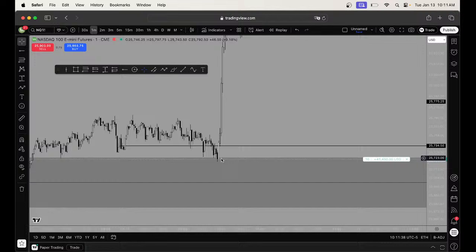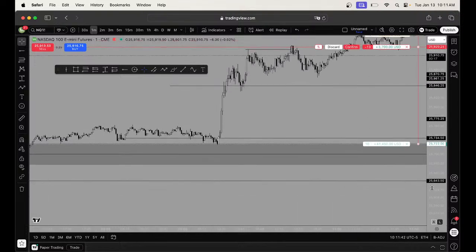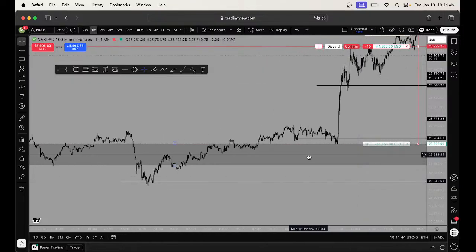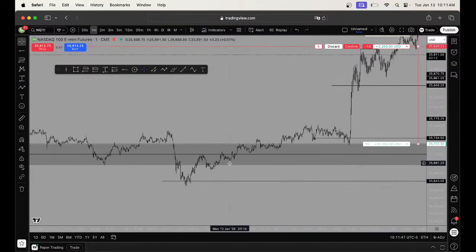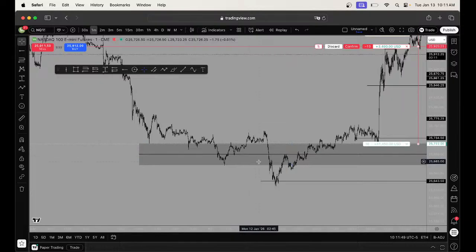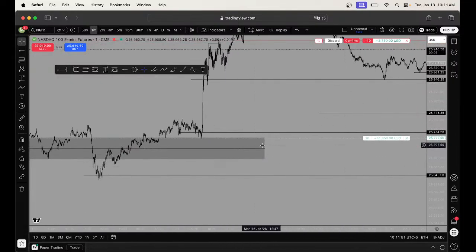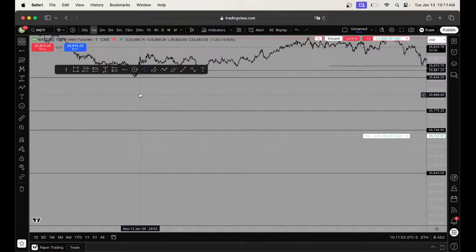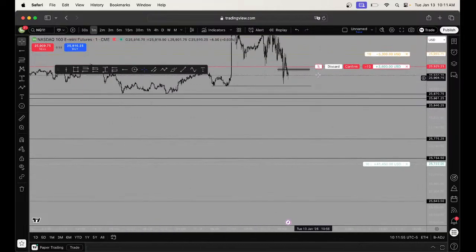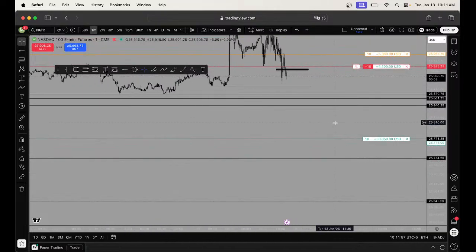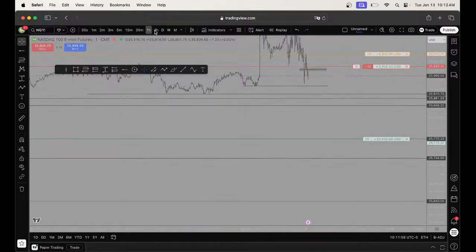And usually price goes to those candles that are like that. Also we could fill this 30-minute fair value gap midpoint, and then bounce back off to the upside. But right now we are bearish.